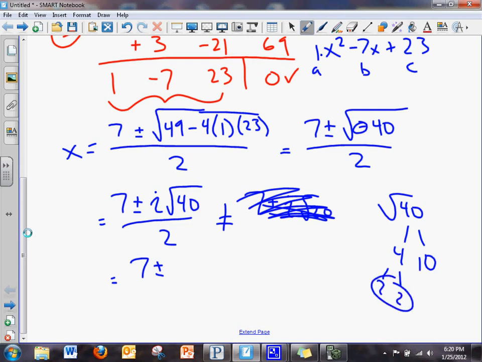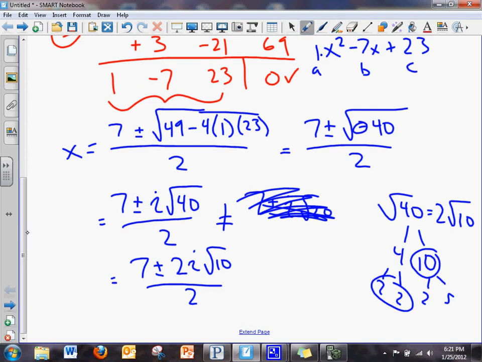So these 2's will come out and leave the 10. The 10 breaks down into 2 and 5, no more pairs. So I'm just going to pull out this one pair of 2's. So this can be written as the 2's come out as 2, and what's left inside is that 10. I'm going to write the 2 in front, then the i, root 10 over 2.